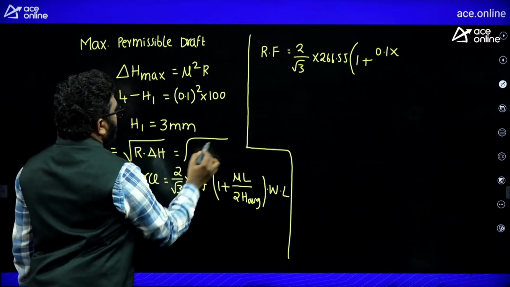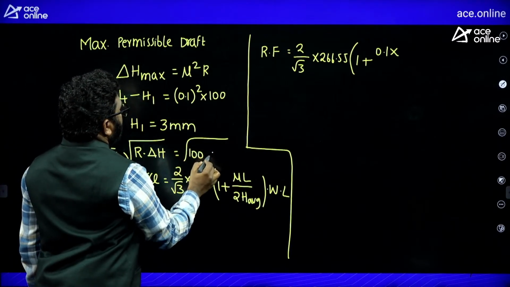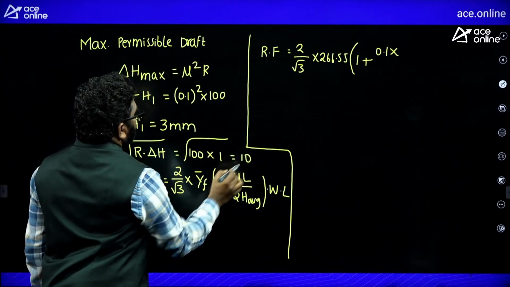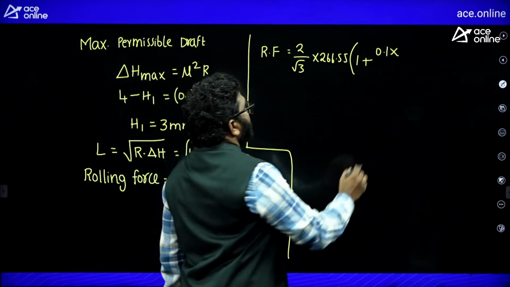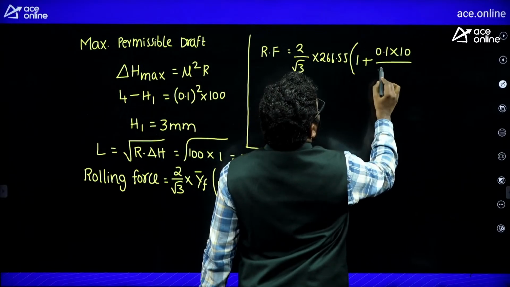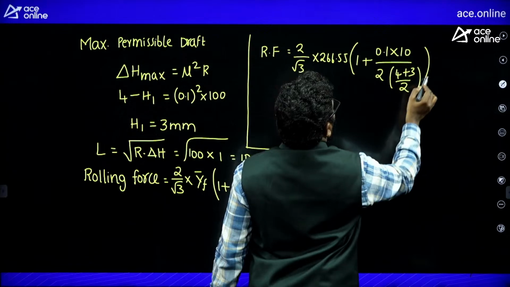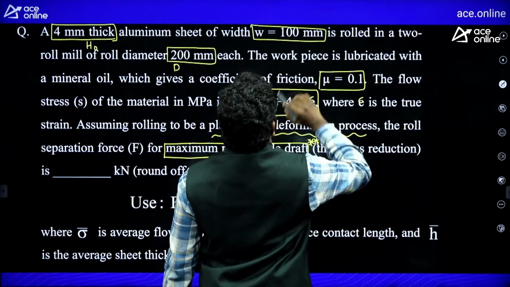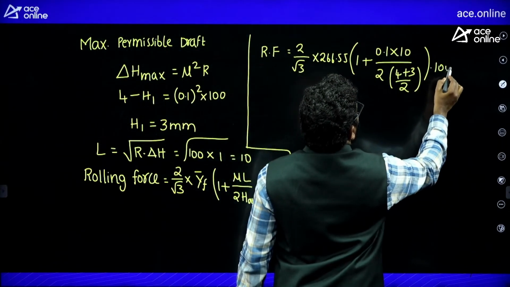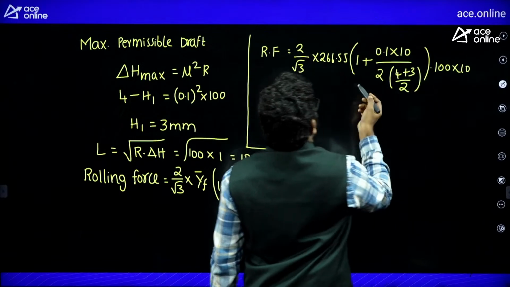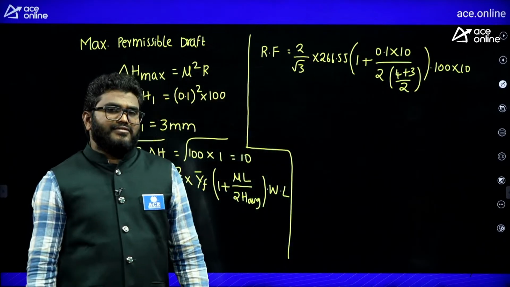Root of R is 100, delta h is 1, that is nothing but 10, right? Then 10 by 2 into h naught plus h1 by 2, into the width of the sheet which is 100, length is 10. So from this you will get the answer.